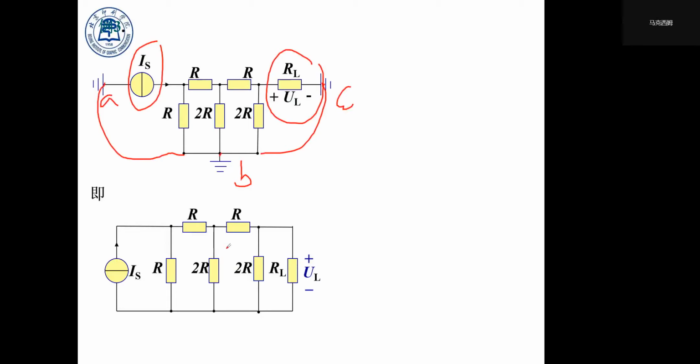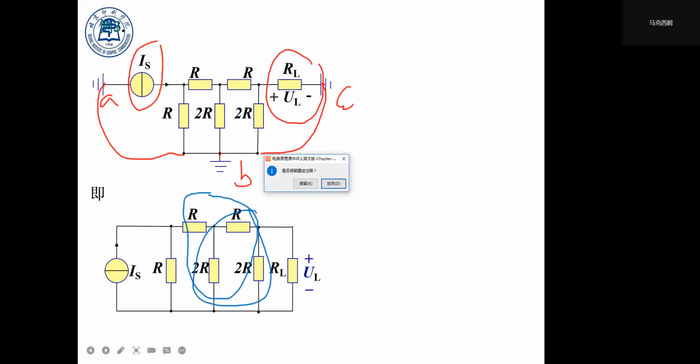So we see the T-shaped stuff, and this is the L-shaped stuff, right? What should we do, the delta and Y-shaped transformation, or are we doing it another way? So we can try a new technique, right?